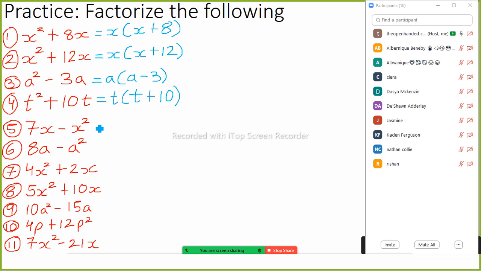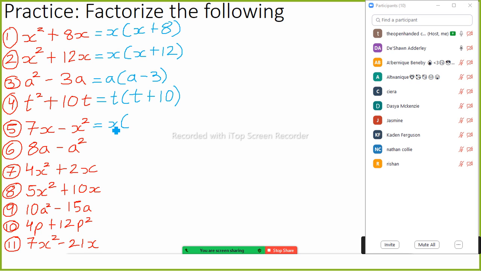Sean, number 5. I don't know if it's correct, but I could try. Open bracket 7 minus x, close bracket x. What goes on the outside? x. Open bracket x minus 7. No. How do we get 7x? We already have the x. What else do we need?